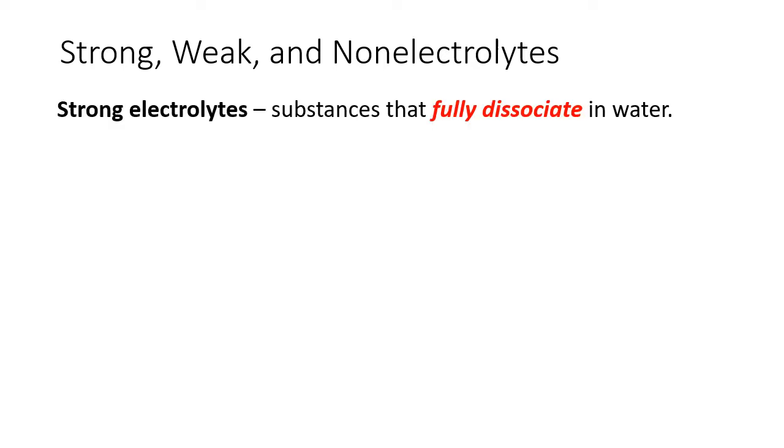A strong electrolyte is something that will fully dissociate or ionize in water. They are good conductors of electricity. An example is a strong acid. So let's use HCl as our example. Hydrochloric acid is a strong acid that when it's put in water, it will ionize and form hydrogen ion, and it'll form chloride anion.